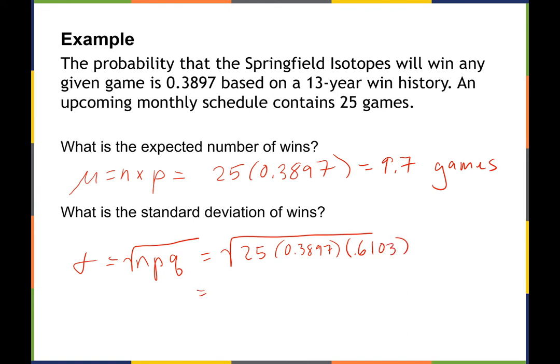Using my calculator, I take 25 times 0.3897 times 0.6103, and I get the square root of 5.9458, and that is about equal to 2.44 as my standard deviation value.